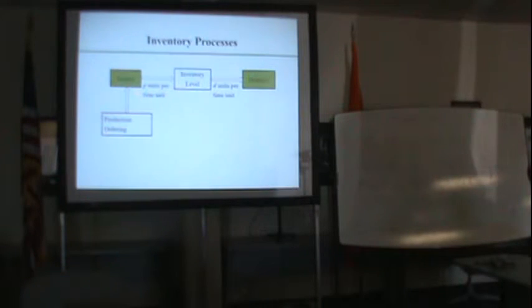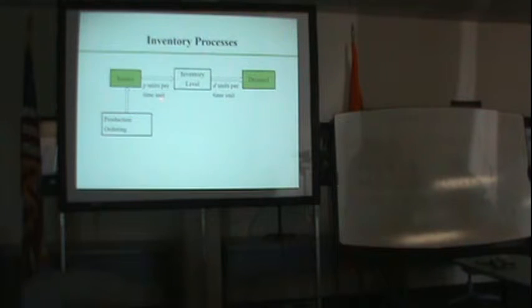Now, when the items are taken from the source and come to you, it is at a rate of P units per time unit. So if this goes out at a rate of D units per time unit, and this comes in at a rate of P units per time unit, then P must be greater than D, otherwise you will never have an inventory.